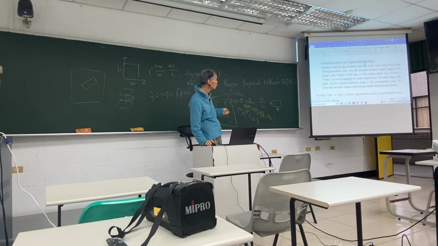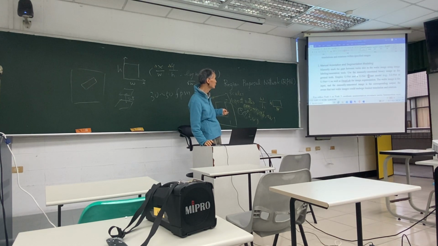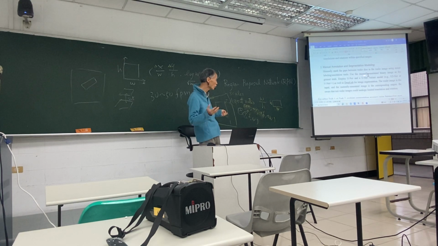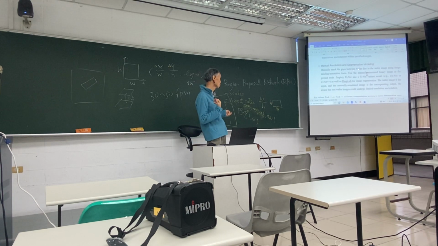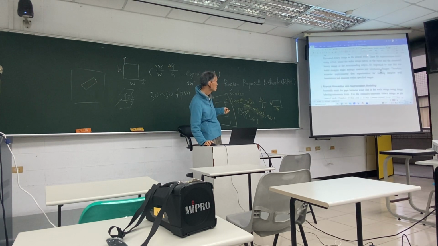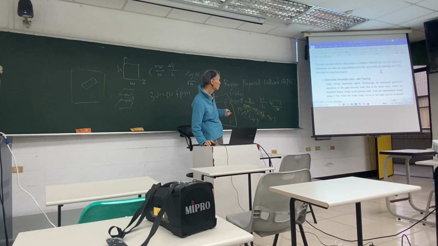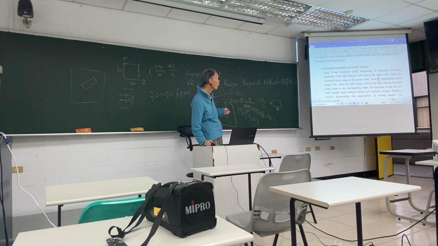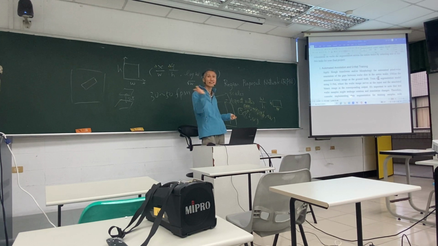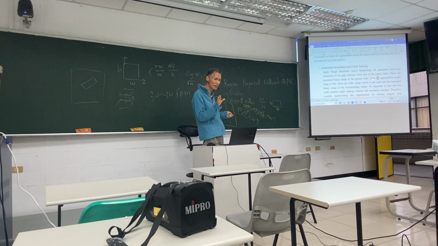No matter whether you go for morphology or Hough transform or anything, that'll be fine. So first, focus on the automatic annotation to prepare the ground truth. In that case, you only have to run UNET.